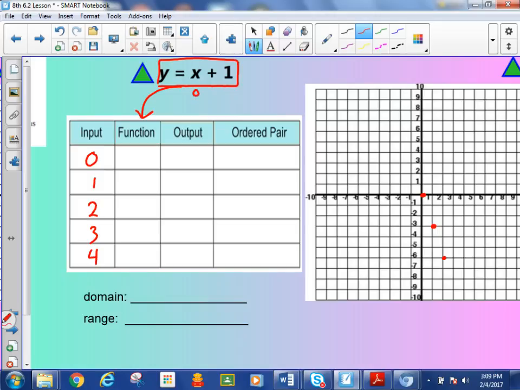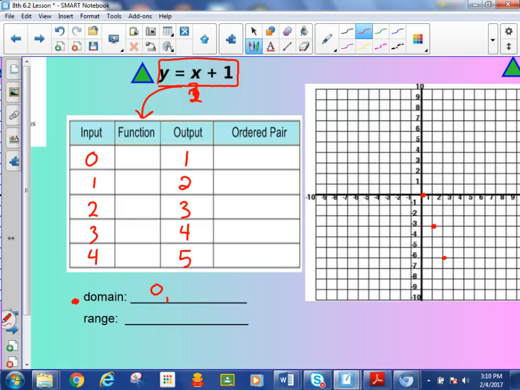And now we'll substitute in. So 0 plus 1 gives me 1. 1 plus 1 gives me 2. 2 plus 1 gives me 3. You get the pattern, right? 3 plus 1 gives me 4, 5. Okay, so our inputs are the same as our domains. It's where we started, where we originate.